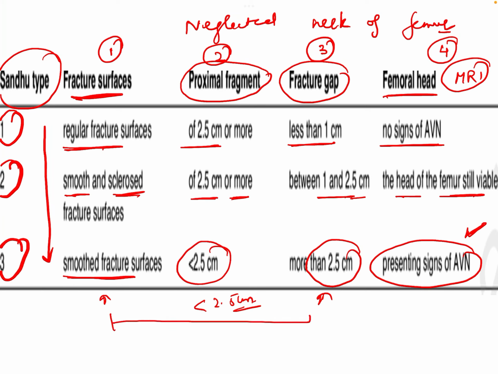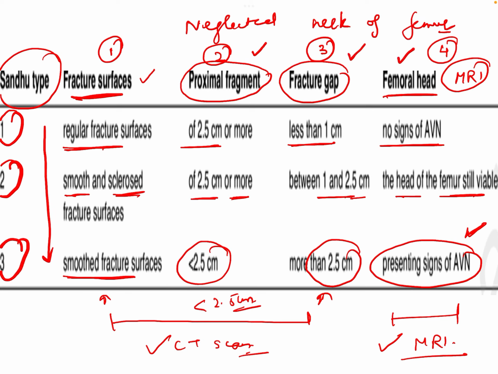These three criteria are decided on CT scan, while the fourth criterion is decided on the MRI scan. So by checking CT scan and MRI, by deciding the surface of the fracture ends, the size of the proximal fragment, measuring the gap between them, and deciding the viability of the femoral head, we can classify the neglected neck of femur fracture into Sandhu type 1, type 2 and type 3.